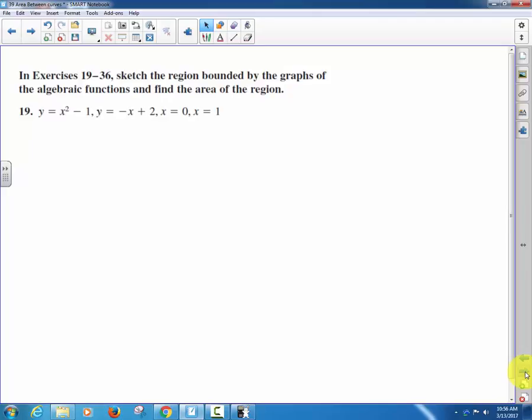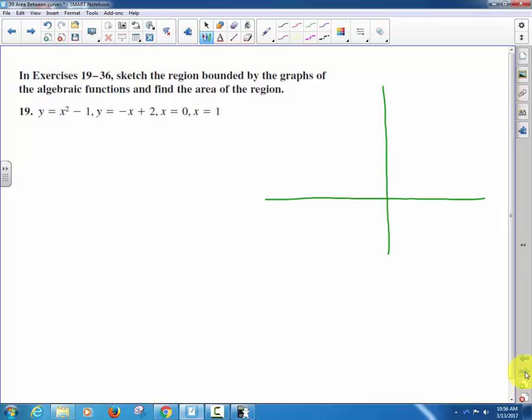So, what do you know what y equals x squared minus 1 is going to look like? Right, it's going to start off down here at -1 and look like that. All right, what about y equals -x plus 2? What does that look like? Linear.